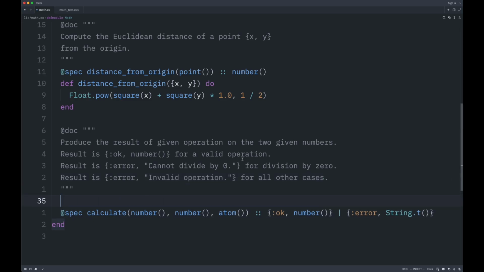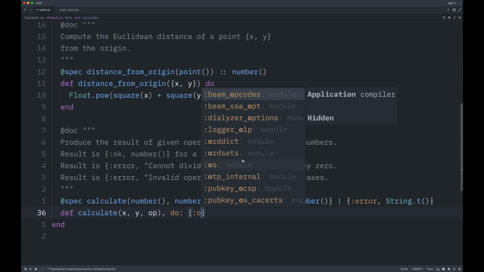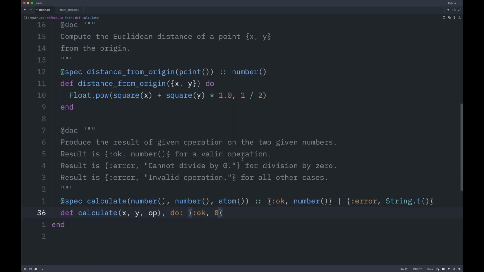Then we're going to write the stub here, and that starts with the definition for calculate. So we're going to say x, y, and operation, and we're going to say let's produce a result that matches with one of the expected types.